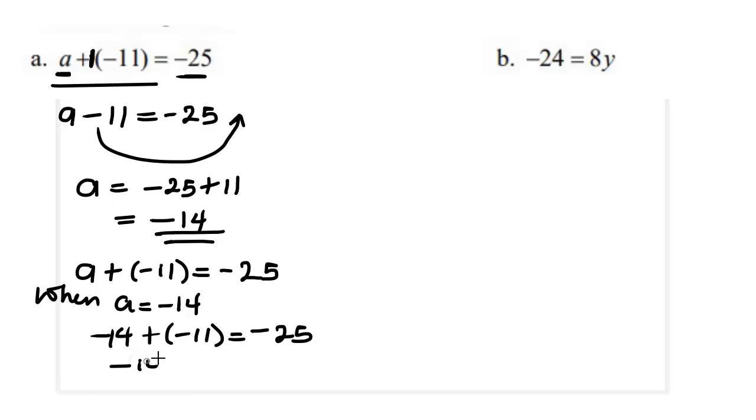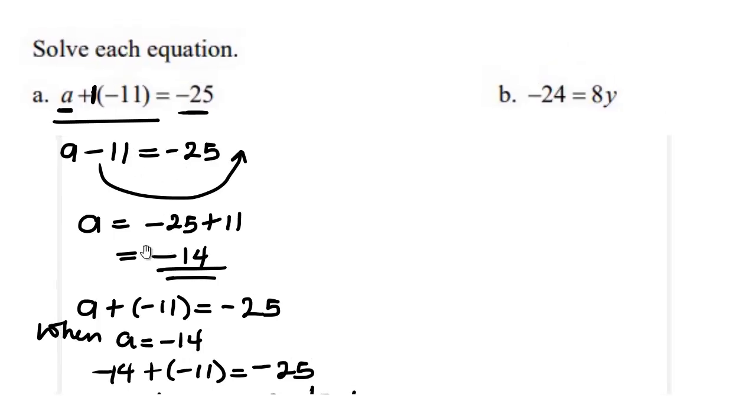So you have minus 14 minus 11 is equal to minus 25, which is true. So that is that about that. All right. So the solution to this problem is a is equal to minus 14, because it is minus 14 that makes the left hand side equal to the right hand side.